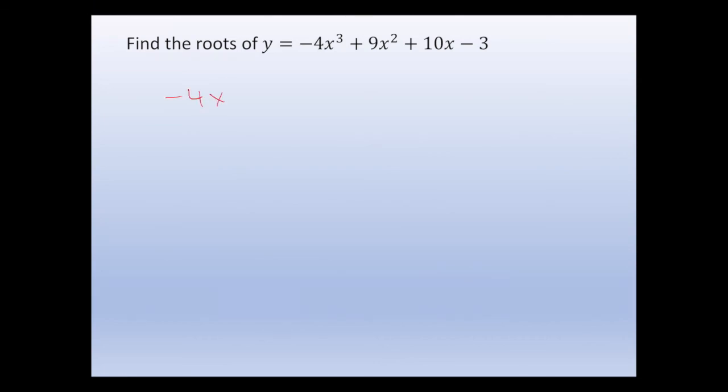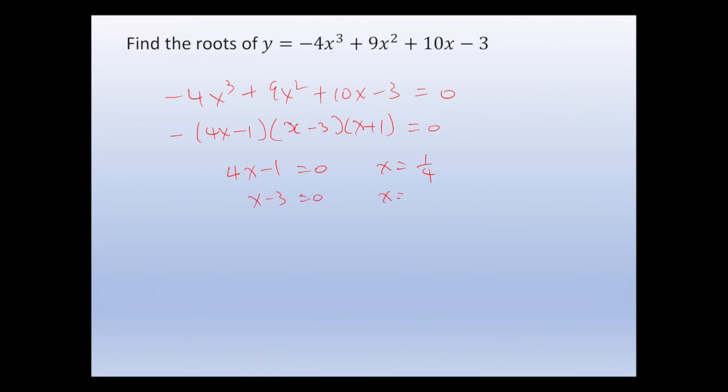Now, the next one is this one. y equals minus 4x cubed plus 9x squared plus 10x minus 3. So we know that minus 4x cubed plus 9x squared plus 10x minus 3 equals 0 to look for the roots. And we have already factorized it, which is minus 4x minus 1, x minus 3, and x plus 1 equals 0.